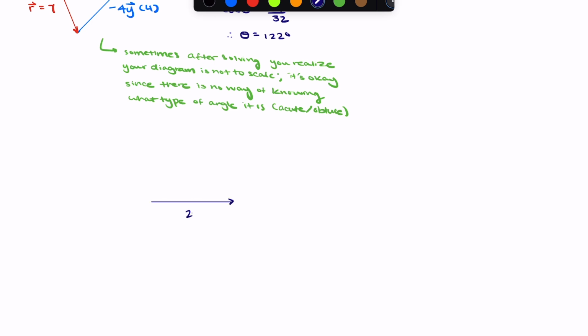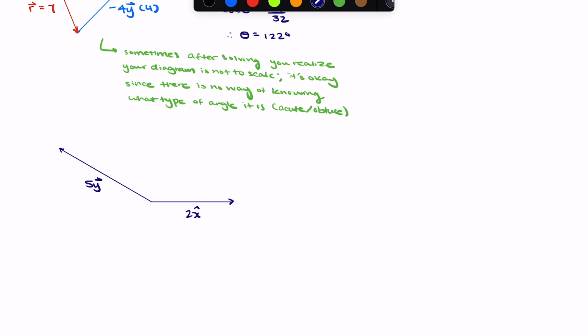So 2 vector x plus 5 vector y. And so we're trying to find, again, what that is here.